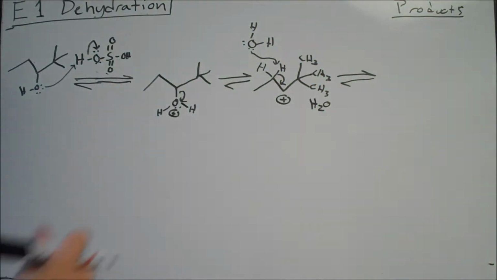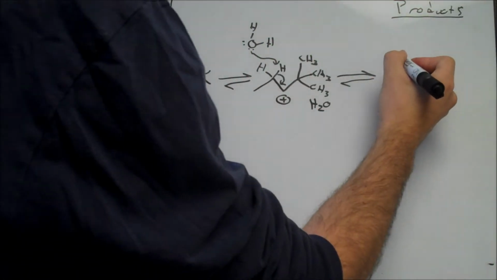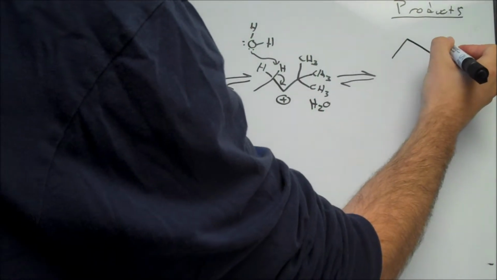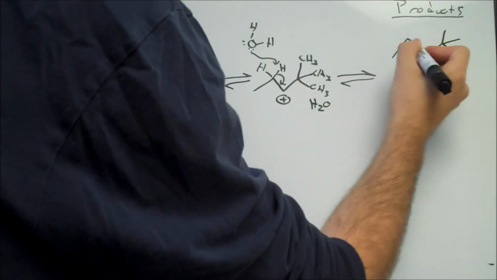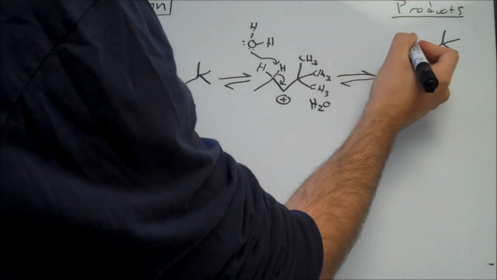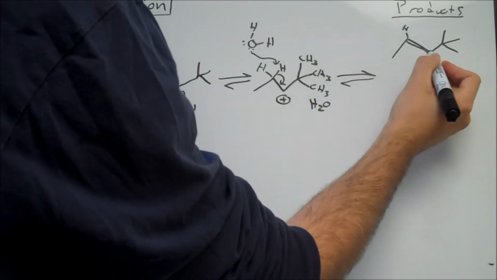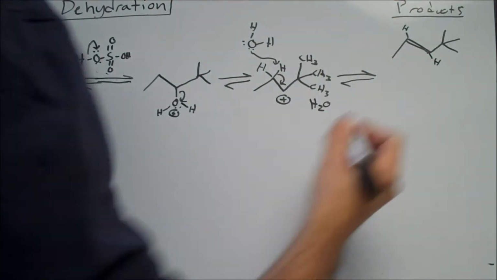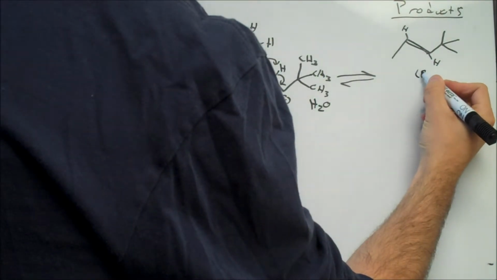Products. So one of our products, if we draw it the same way and just put the double bond in there, is going to be this. Okay, and let's look at the stereochemistry of it. That is an E form of the alkene.